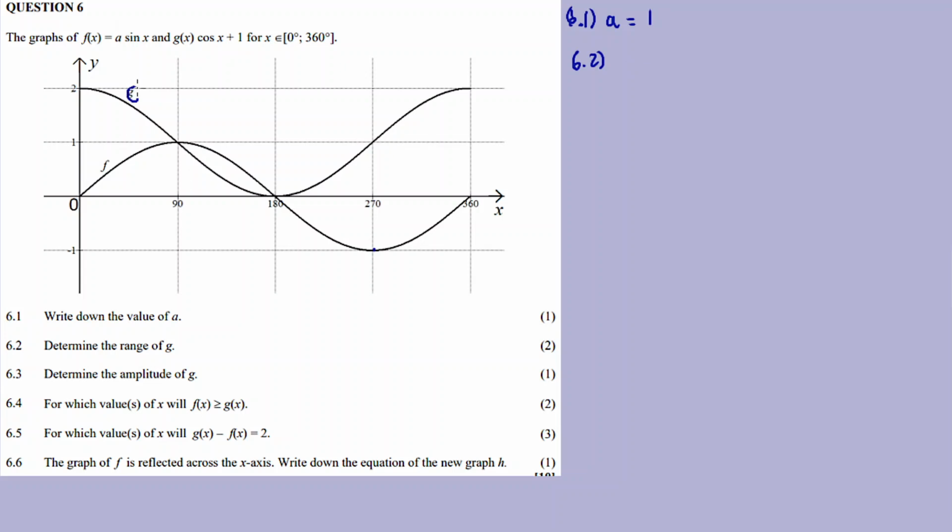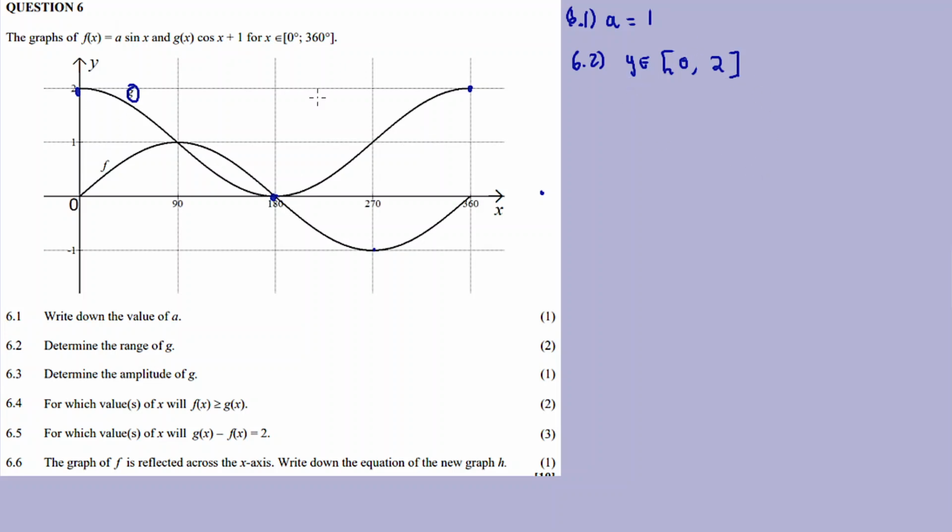So for g, where does our graph oscillate? It turns at 2, then turns at 0, returns to 2, turns at 0 again, if we extend this xy axis. So our range is y element of 0 included to 2 included. So this is our range, from 0 to 2.